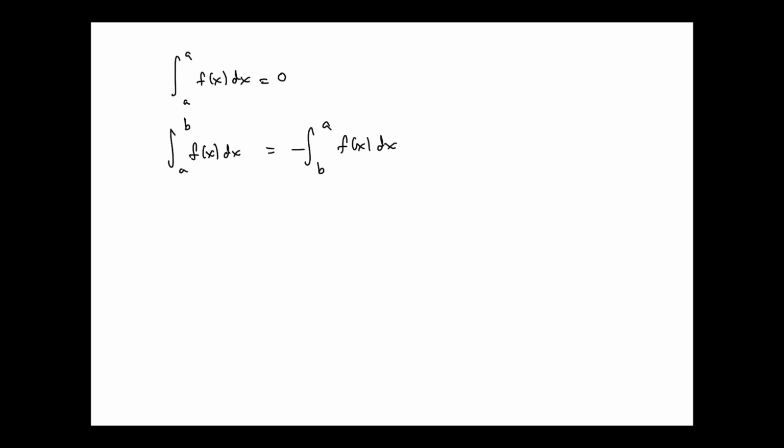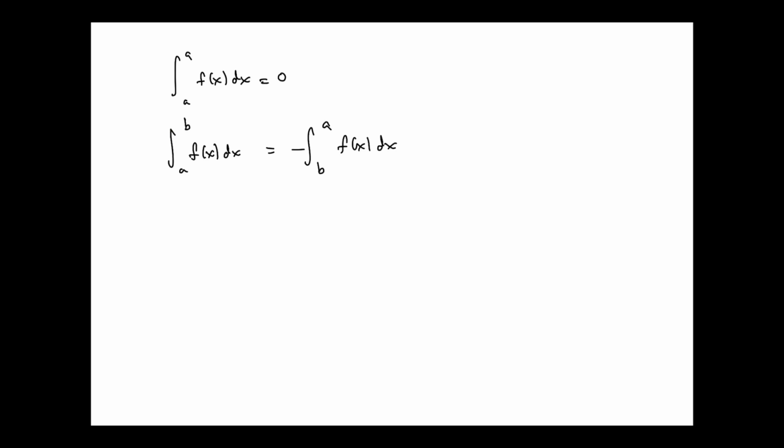Doing so is equivalent to just negating the function. So if you switch the bounds of the integral, you get the negative of the answer of the unswitched version. There's a good algebraic reason why that's true. For now we have to take the geometry on faith, but we'll look at the algebra next time or the time after. But just take it on faith: if you switch the bounds, you negate the answer.